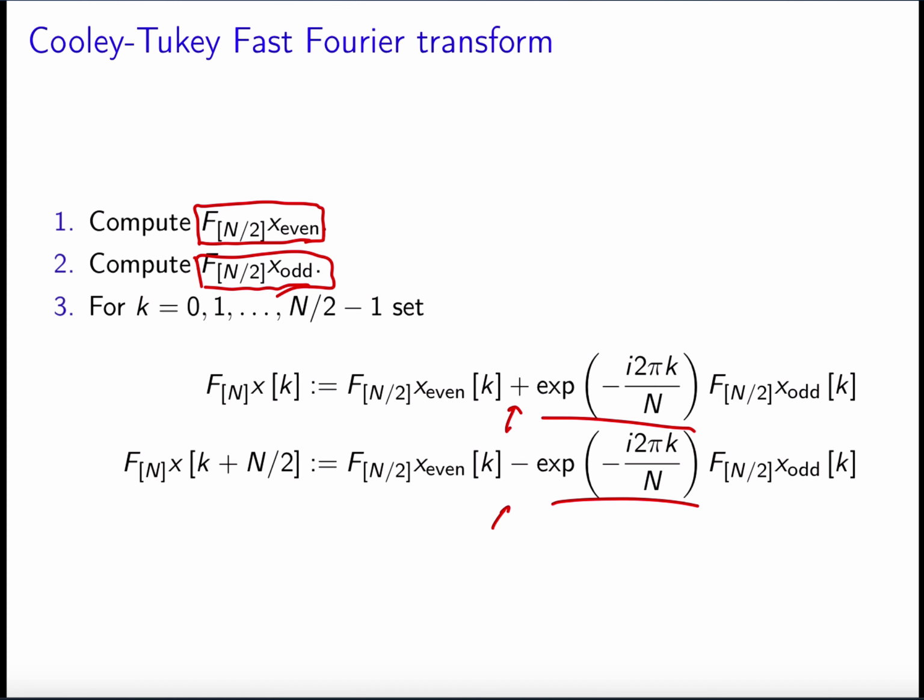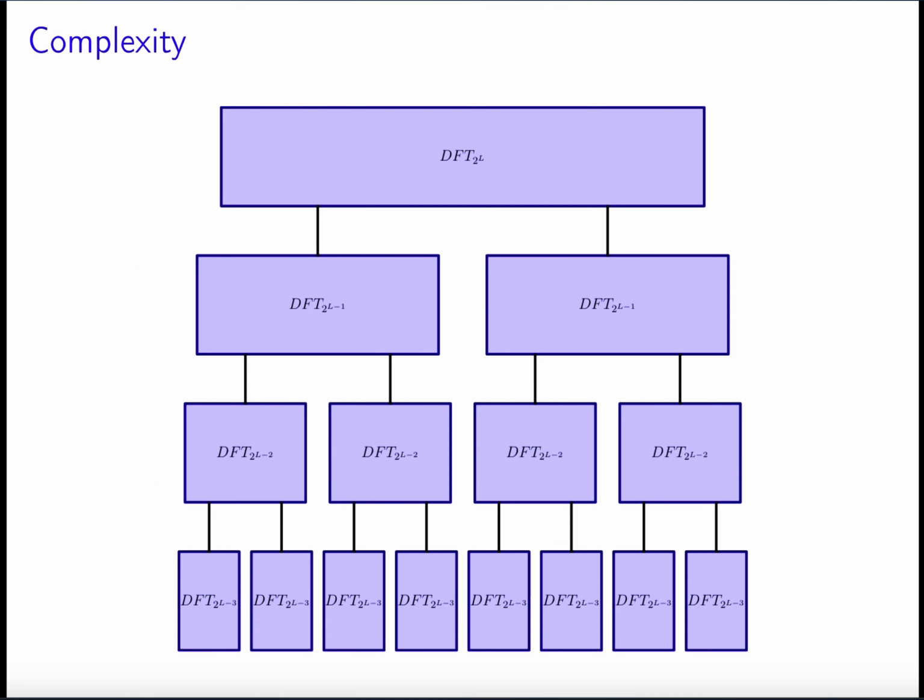With this you would need n-fourth times n-fourth DFTs. Then in order to compute those, you would need n-eighth times n-eighth DFTs, and so on and so forth. We can show that as a tree diagram, where here this would be the n times n DFT.